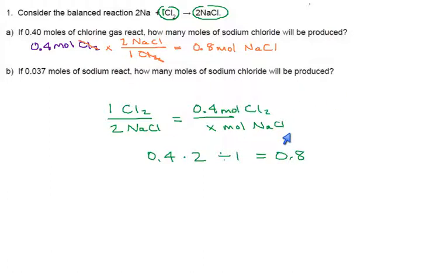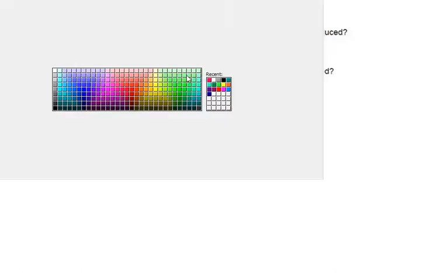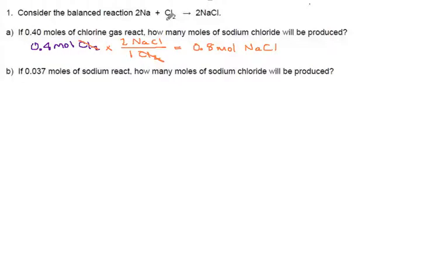And one last way you could do this. Up in the reaction here, if they tell you 0.4 moles of chlorine, put that under the chlorine. And then, if the sodium chloride is twice as big, that means its number down here is twice as big.